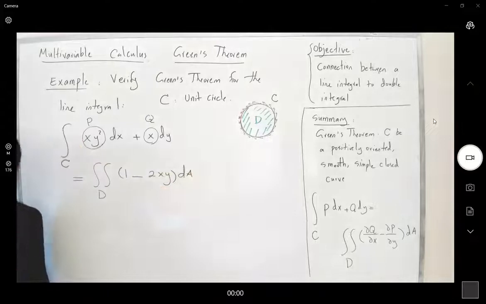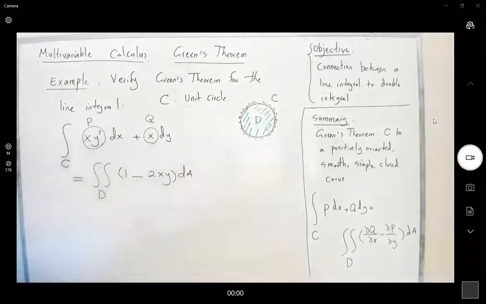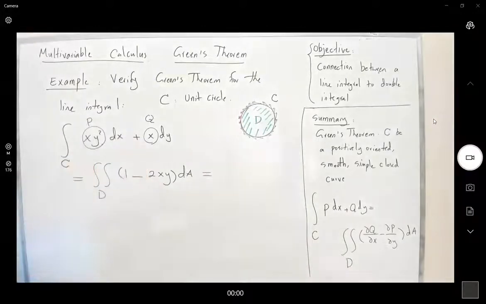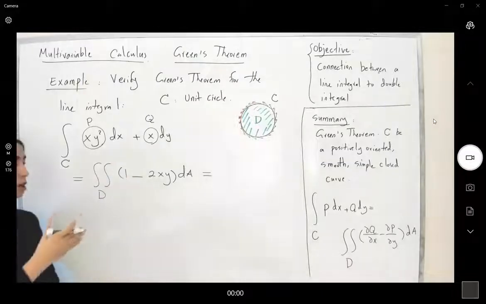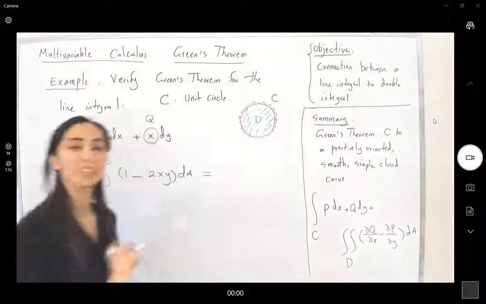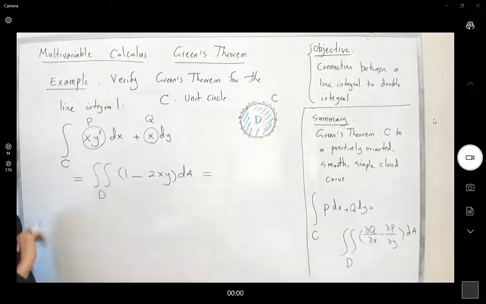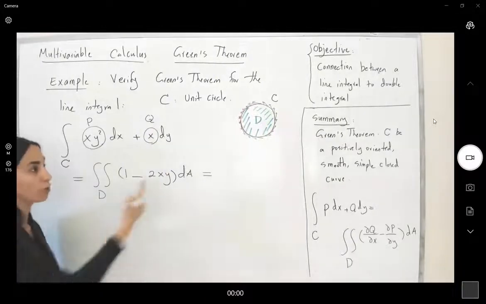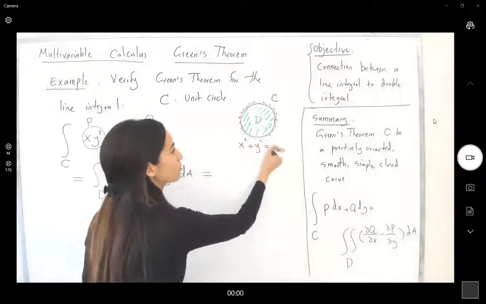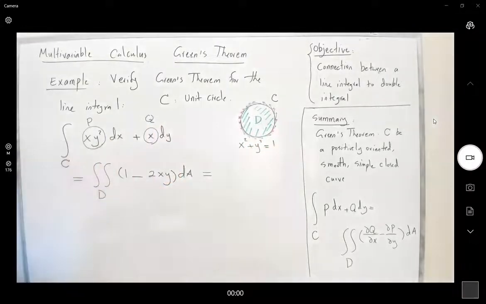So dA can be dx dy or dy dx. It doesn't matter. Well, you might say, hey, I want to take this integral. You can use polar coordinates, or you can just use the region D that you have. You can write x squared plus y squared equals 1 because you already know that it's a unit circle.